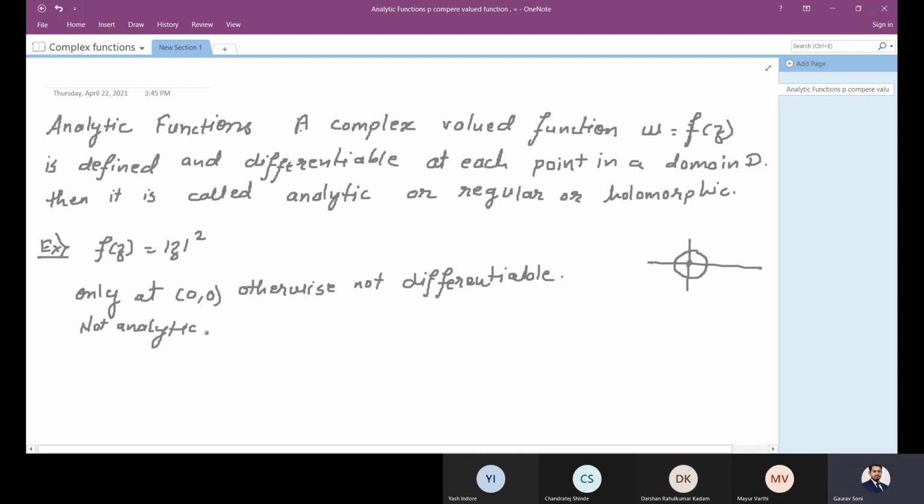Whereas we also saw another example, second, f of z is equal to z cube.